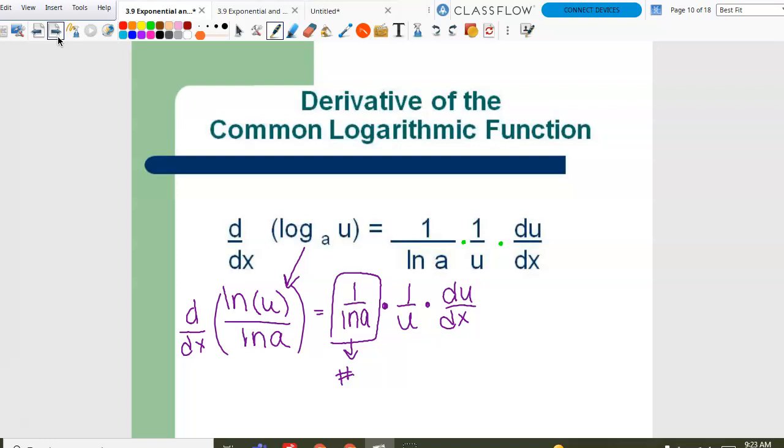And it ultimately leads back to the idea that the natural log of a represents a coefficient because a is a number. So when you take its derivative, it would become a 0 when you did the quotient rule. If you wanted to see the derivative of ln u over ln a, by technicality, it's the bottom times the derivative of the top minus the top times the derivative of the bottom, all over the bottom squared.